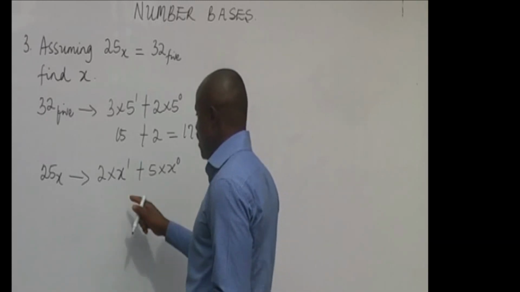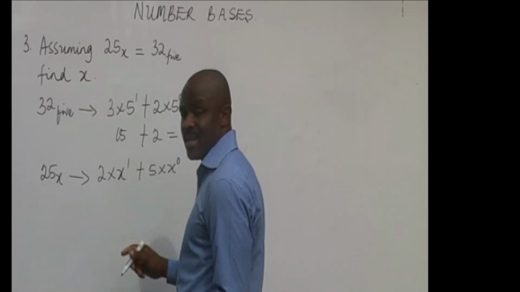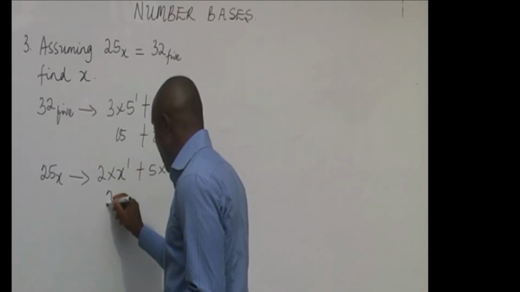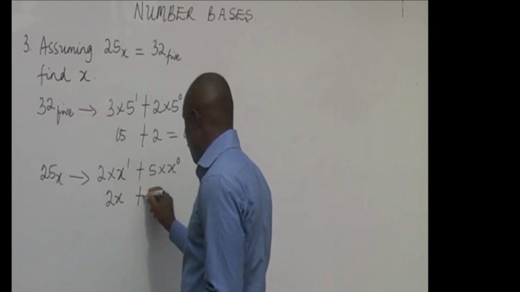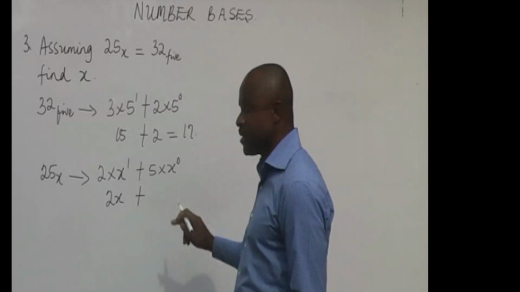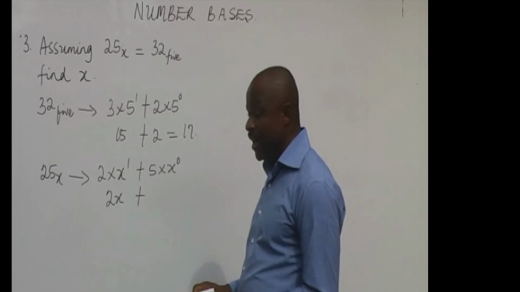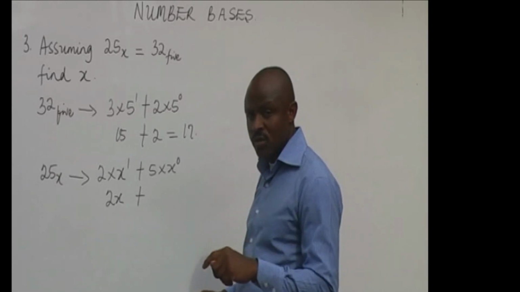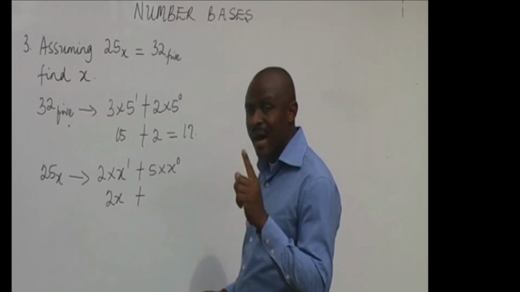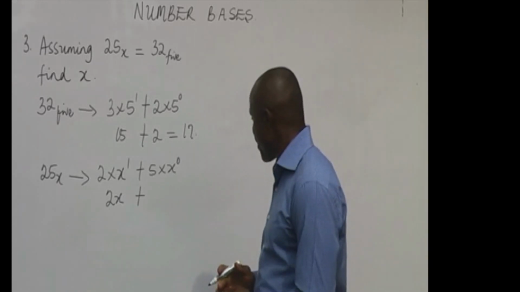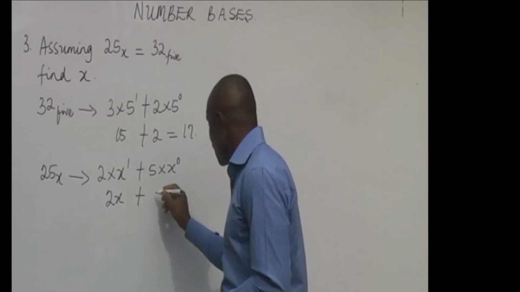So this is going to give you x exponent 1 is x, and x times 2 will give you 2x, plus x exponent 0 is 1. Anything exponent 0 is 1. Even your grandmother's cooking pot, exponent 0, it will reduce that pot, no matter how big, no matter how small, to 1. Alright, so 1 times 5 will give you 5.